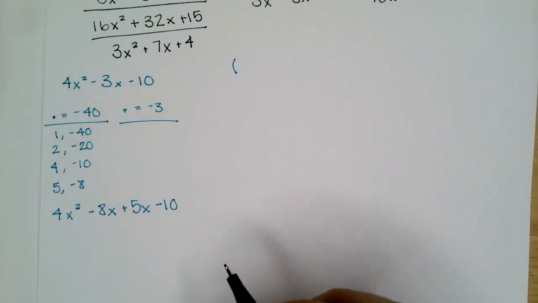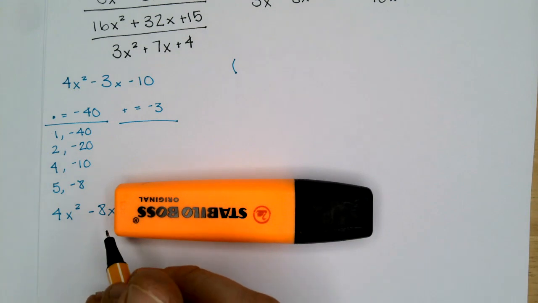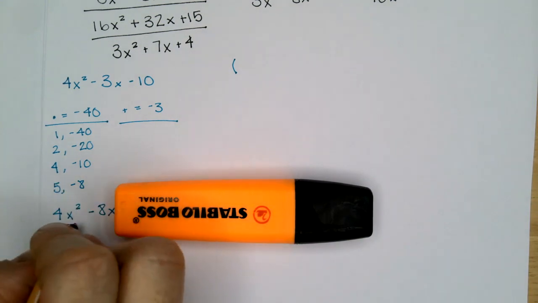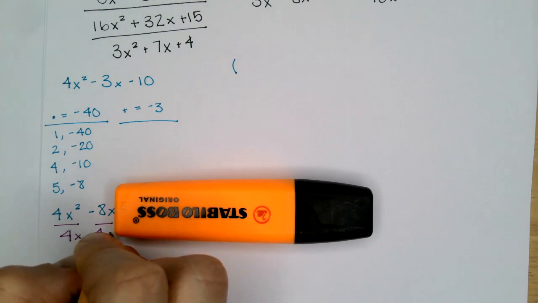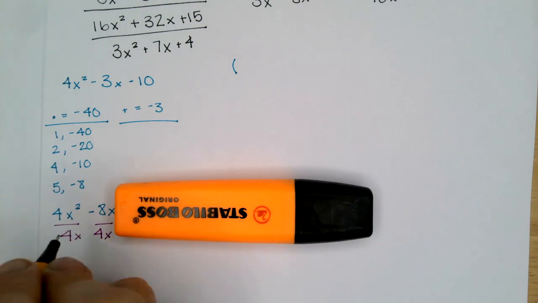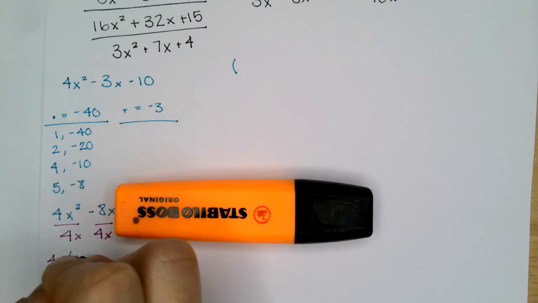Factoring by grouping, we look just at the first group first. 4x squared minus 8x, divide them each by 4x. So we have a 4x. 4x squared divided by 4x just gives me x.